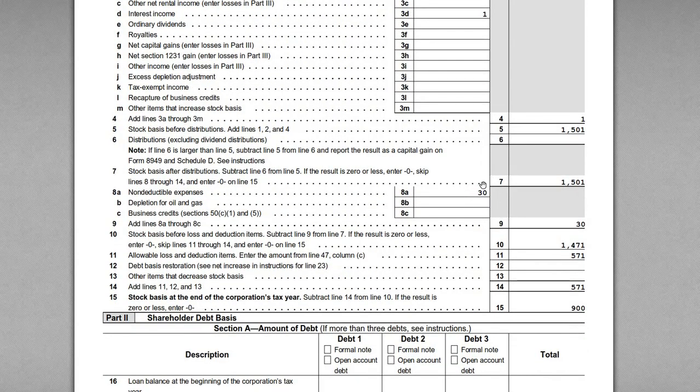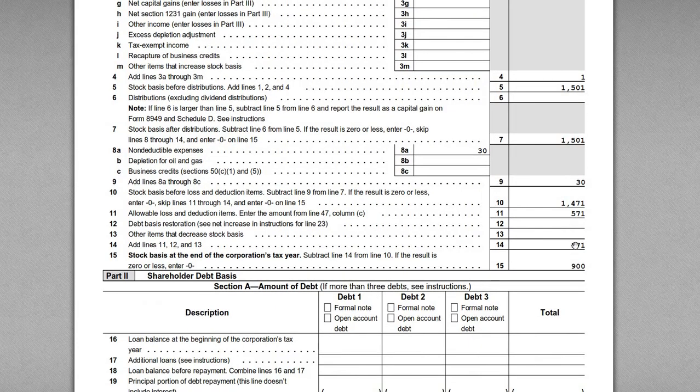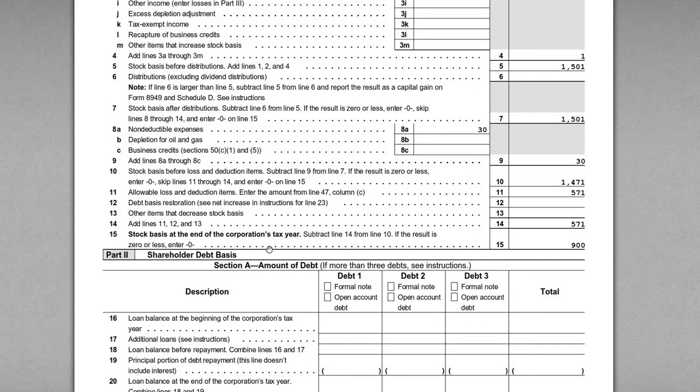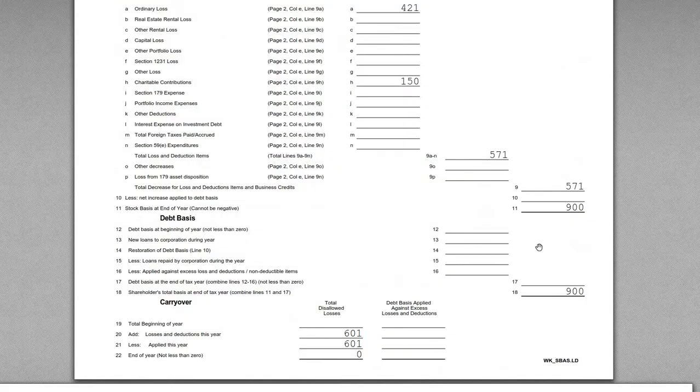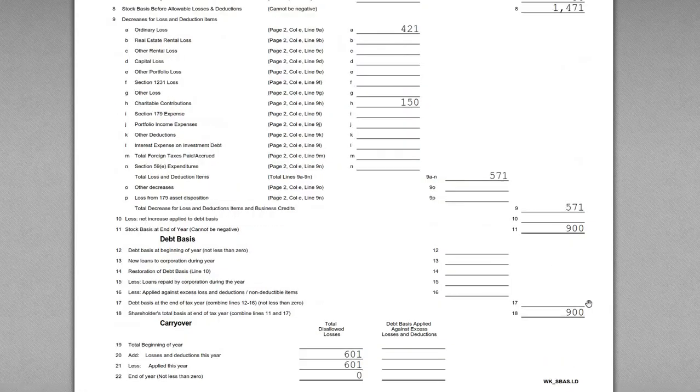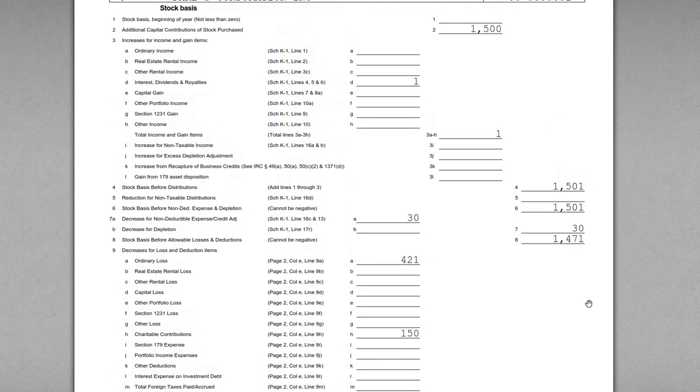Then there's the non-deductible expense piece, and allowable losses and other deductions, which is the charitable contribution amount plus the loss passing through on line 1. When we get down to the bottom, the stock basis at the end of the corporation's tax year is $900, right? So that reconciles with the worksheet that was provided with John's K1 package.